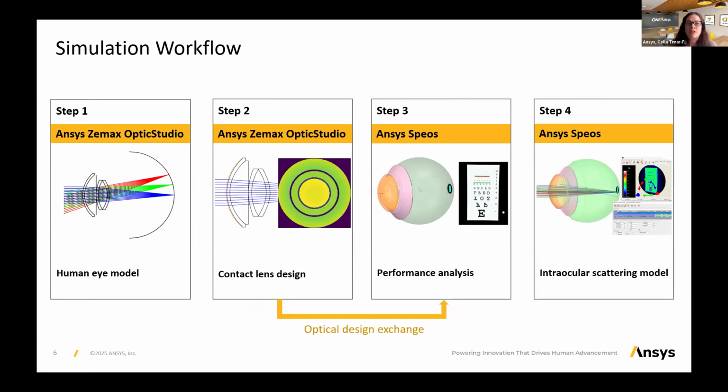Then we can leverage the powerful optimization capabilities to design the contact lens correction for the patient. Once the design is ready, we can take advantage of the optical design exchange capabilities within the simulation software and use Ansys SPIOS for a full system-level analysis, including intraocular scattering as well.